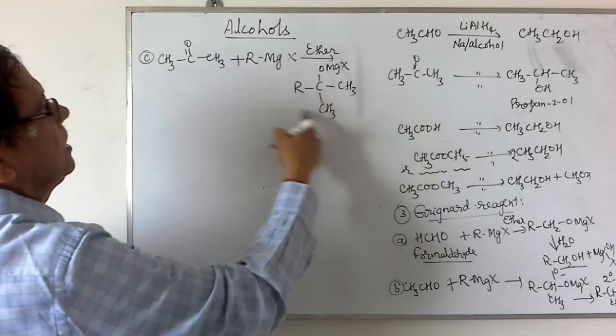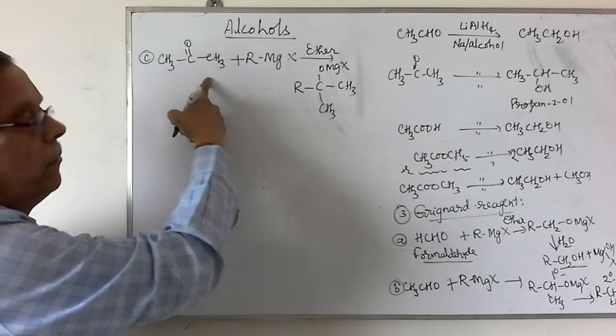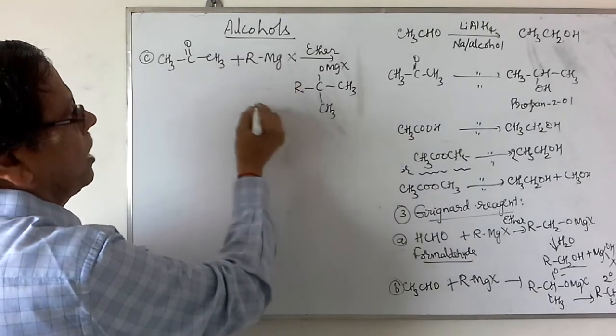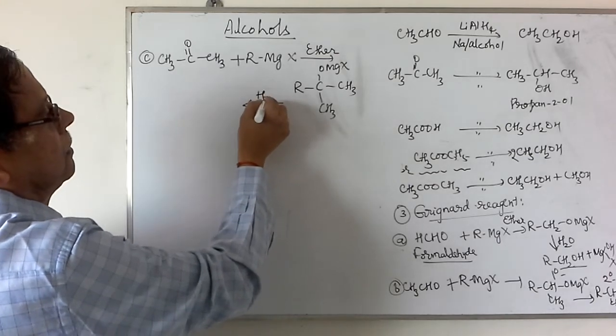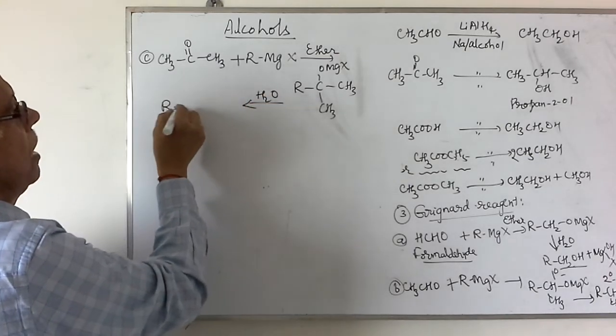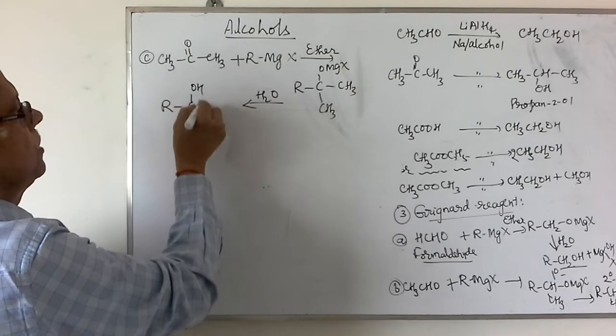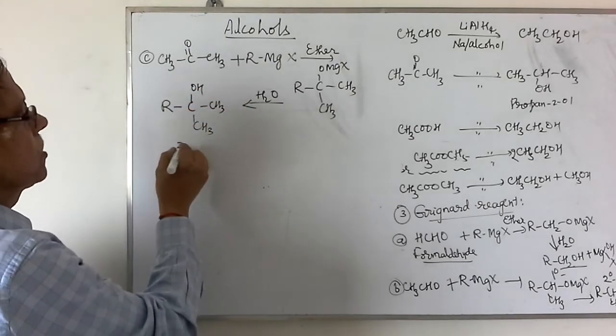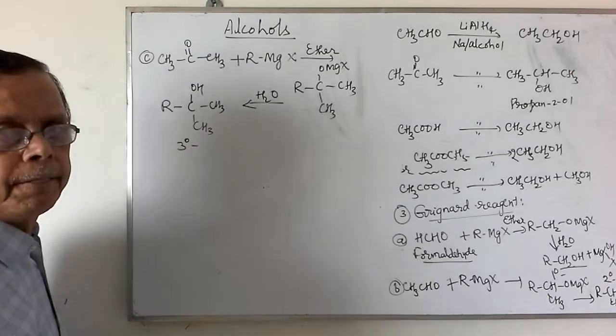Remember, these CH3 groups come from the ketone, while the R group comes from the Grignard reagent. And this on hydrolysis will give rise to R, COH, CH3, CH3. This is exclusively a tertiary alcohol.